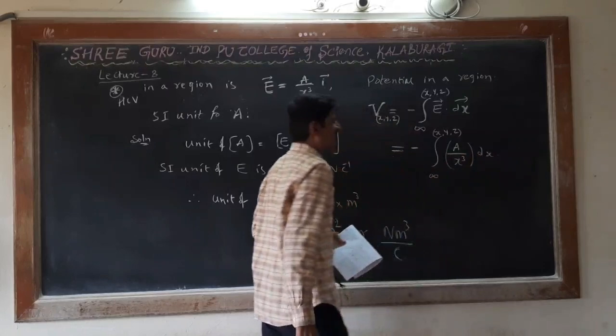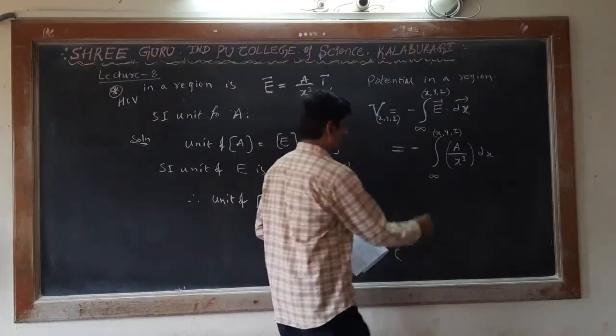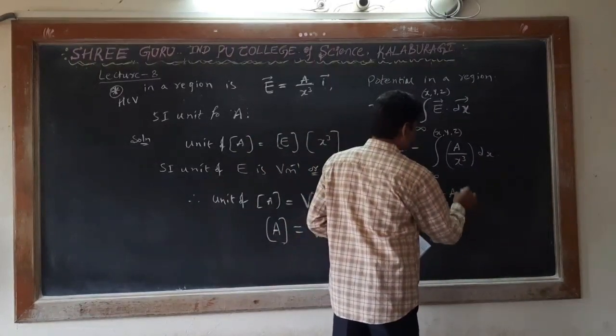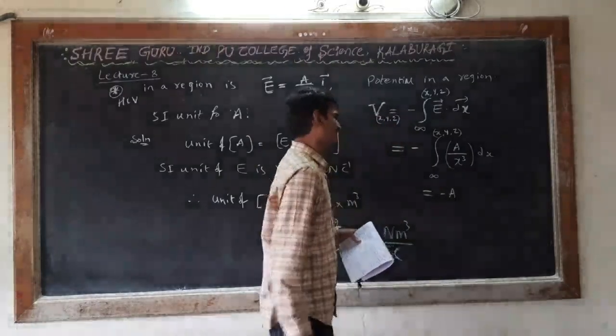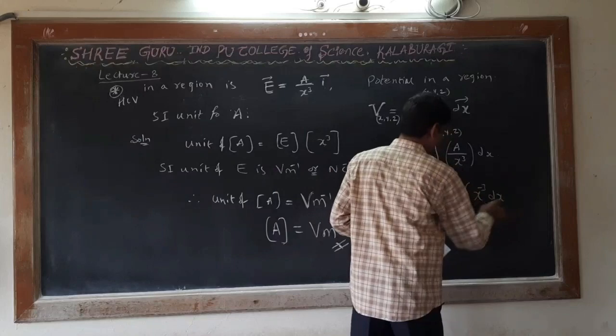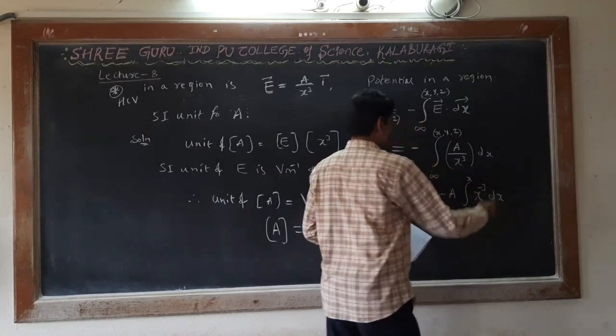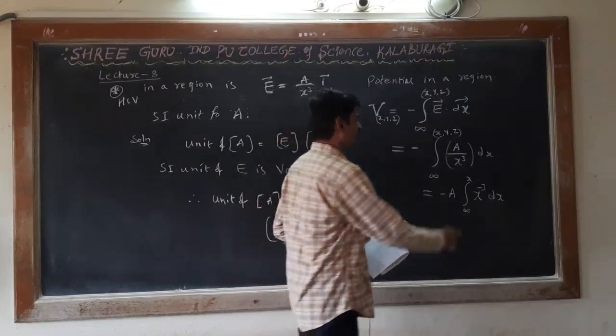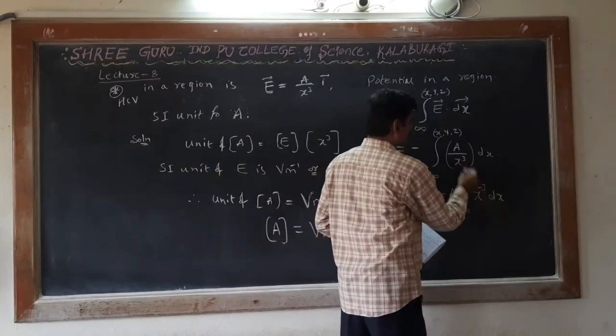A is a constant, so take it outside. Integration of x to the power minus 3 dx from infinity to x. Y and z components are not there, only x.